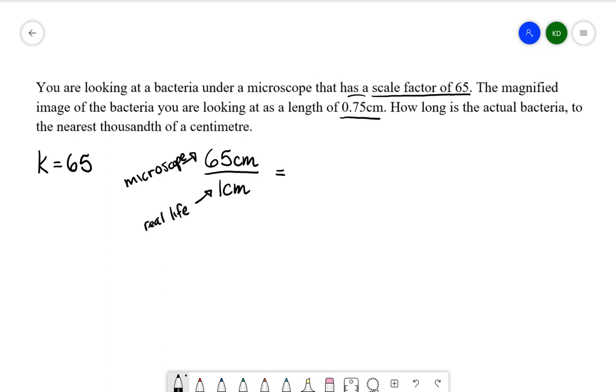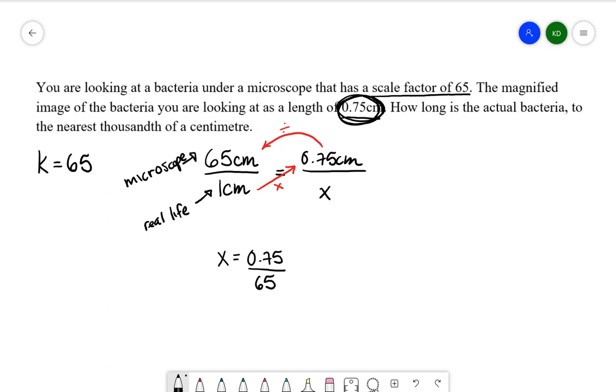What I see in the microscope is 0.75 centimeters. So what I can do now is cross multiply and divide, and that's going to tell me the real length of that bacteria. So we're going to go 1 multiplied by 0.75, and we're going to divide by 65. So x in this case will just be 0.75 divided by my k value.